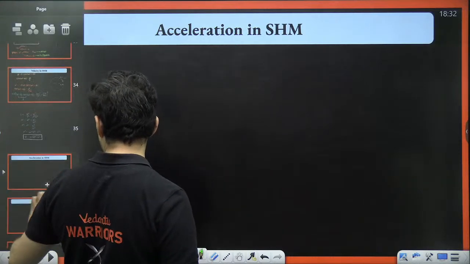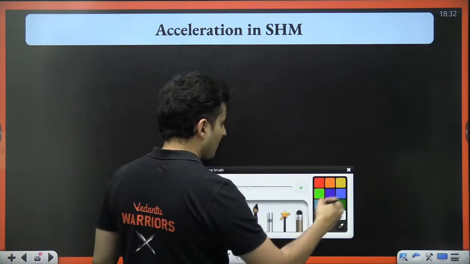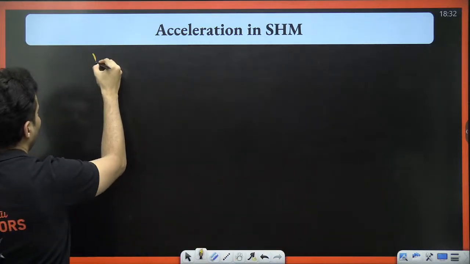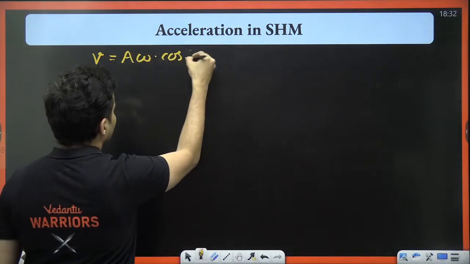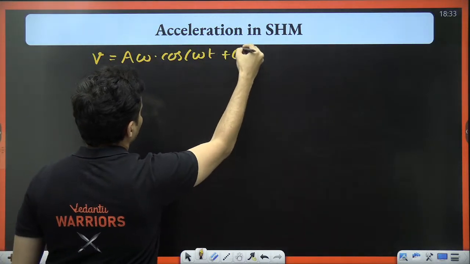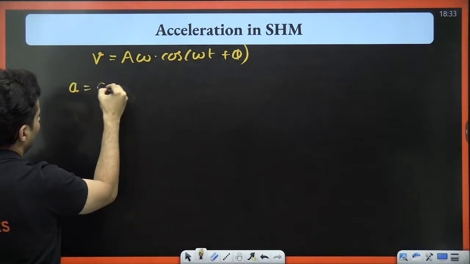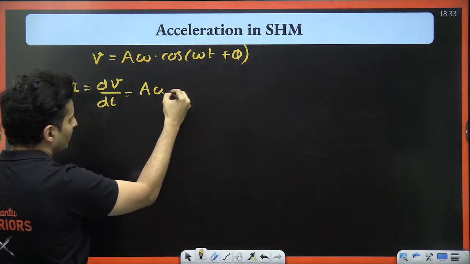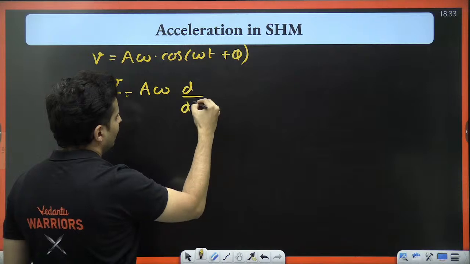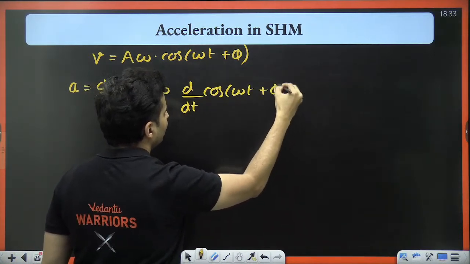Let's go to acceleration. My dear warriors, let's just create a duplicate over here and have a look at acceleration. Some time back we saw velocity was a omega cos of omega t plus phi. We know acceleration is the derivative of velocity. A and omega are constant, so bring them out. It's just the derivative of cos omega t plus phi.